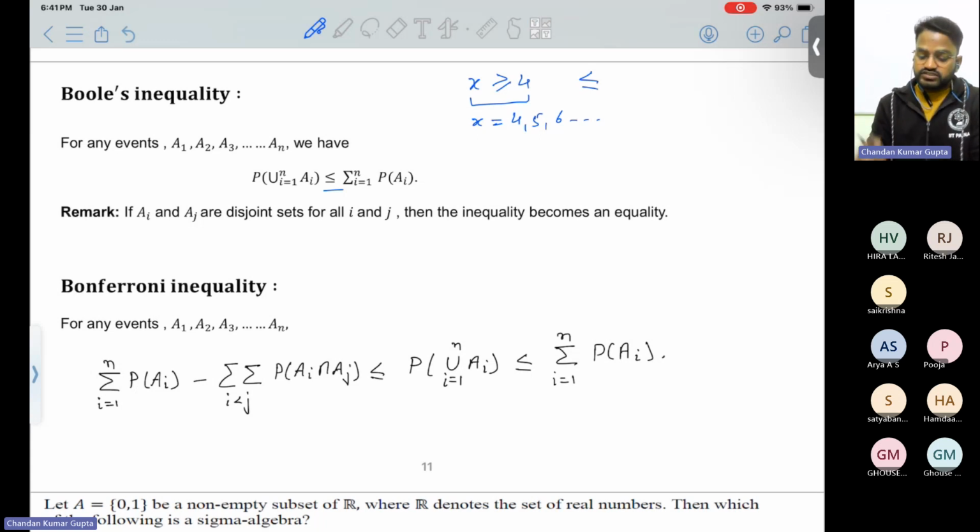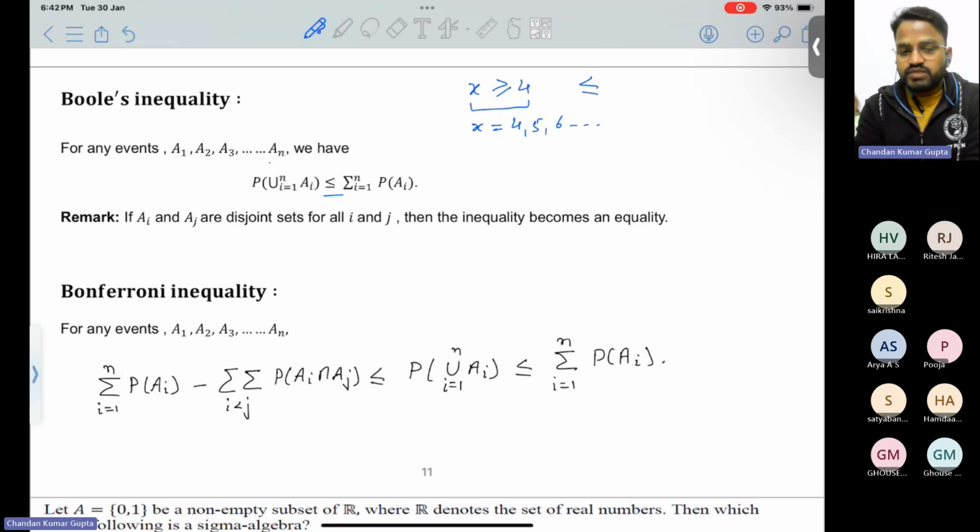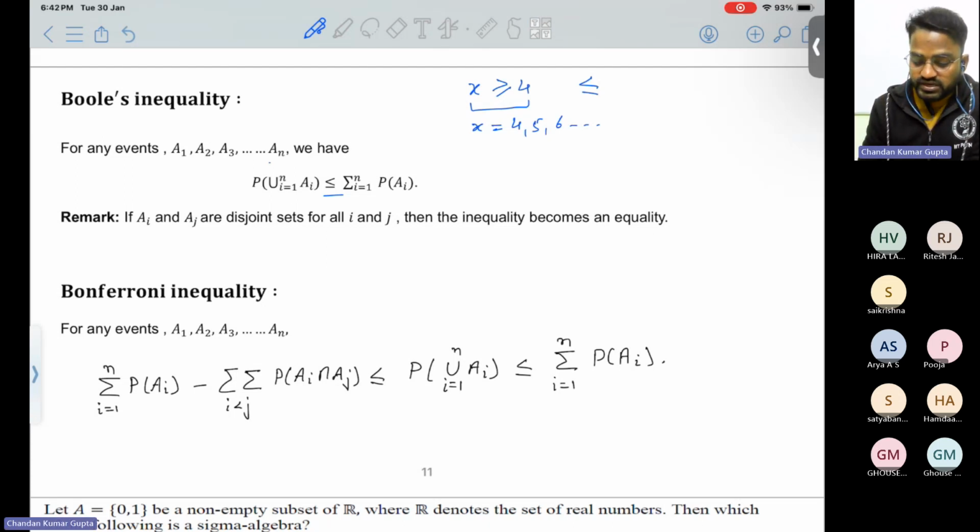For the first, we have events A1, A2, A3 up to An. These n events may or may not be disjoint, but we only have the information that there are n events. The probability of the union of Ai is less than or equal to the summation of the probability of Ai.